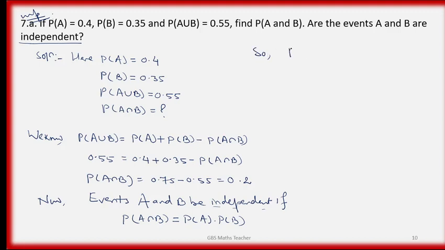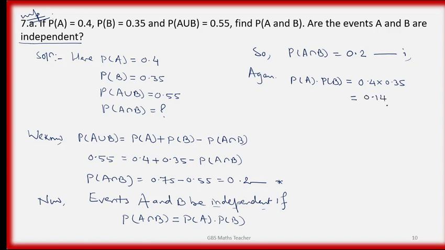So let's check. We obtained probability of A intersection B equals 0.2. And again, probability of A times probability of B equals 0.4 times 0.35 equals 0.14.